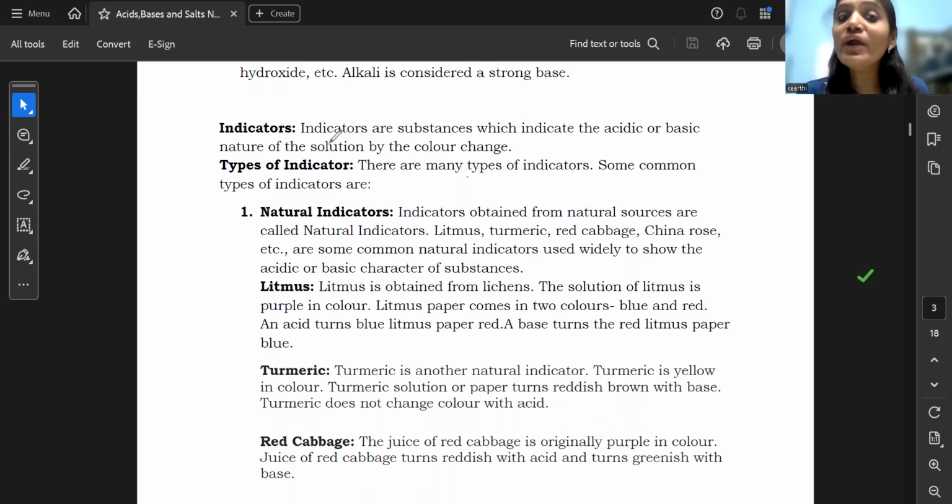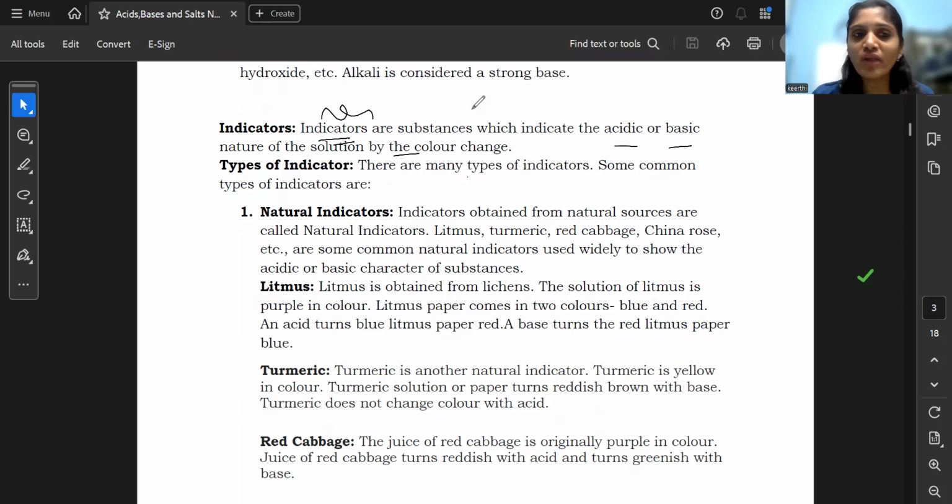Then what do you need? You need an indicator, a substance which can indicate whether the given substance is acid or base, because you can't say this is sour, this is acid, this is bitter, this is base. So we need certain substances which are indicators, which indicate whether the compound is acid or basic by the color change.